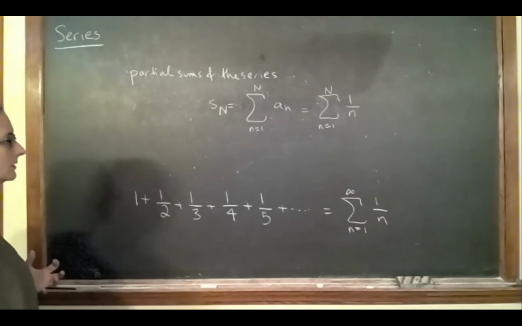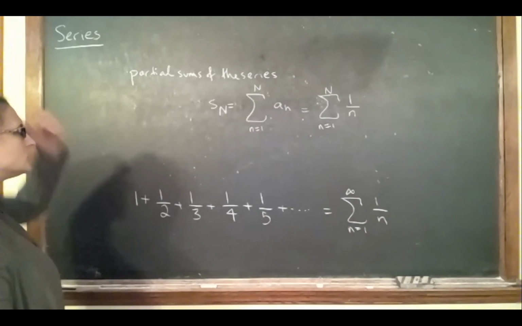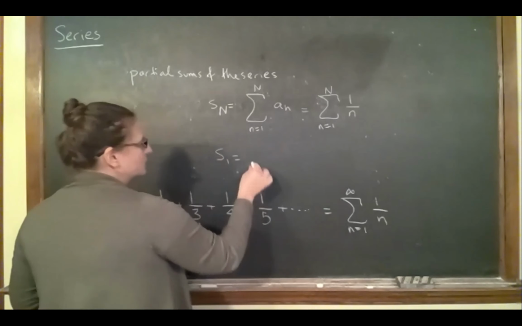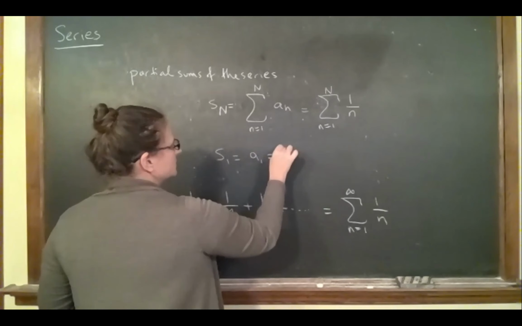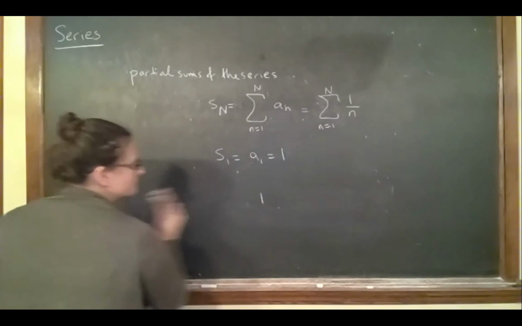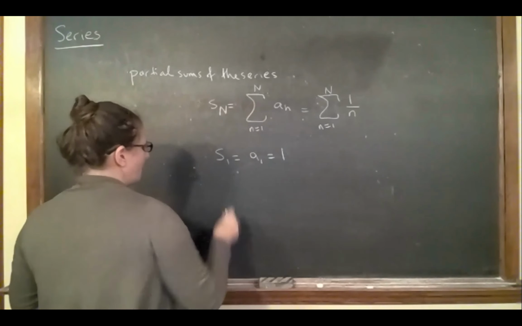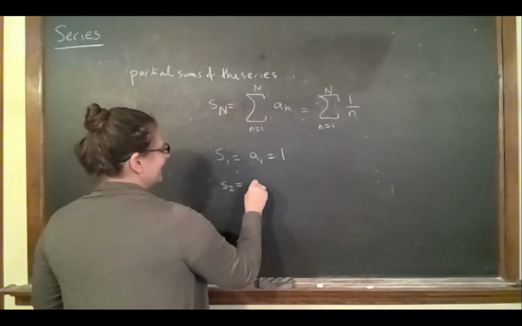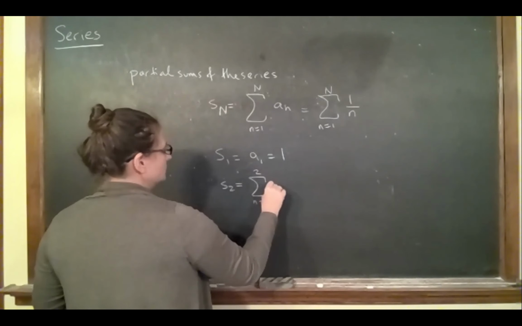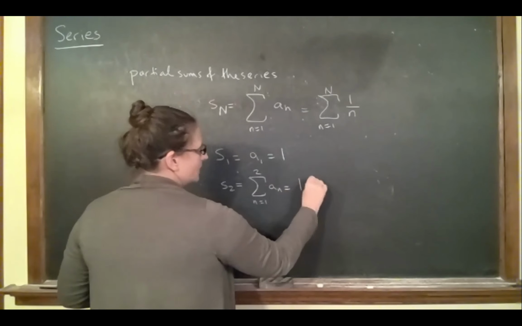What does that mean? It means, okay, if I just look at this, S1 is just the first term. So it's 1. S2 is the sum from n equals 1 to 2 of a_n, so it's 1 plus 1/2.